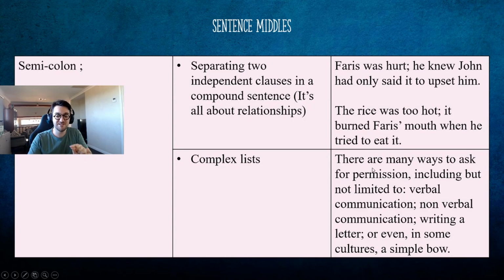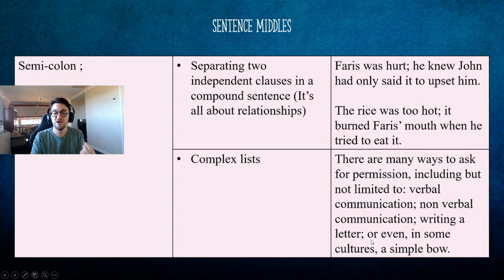So with complex lists, you set up the category. There are many ways to ask for permission, including but not limited to. This category is ways to ask for permission, right? Your complex list is a list that requires more than one word per item or has punctuation within that list. So, for example, verbal communication, non-verbal communication: both of those are items in a list that require more than one word to describe them, so you could justify using a semicolon to separate them.